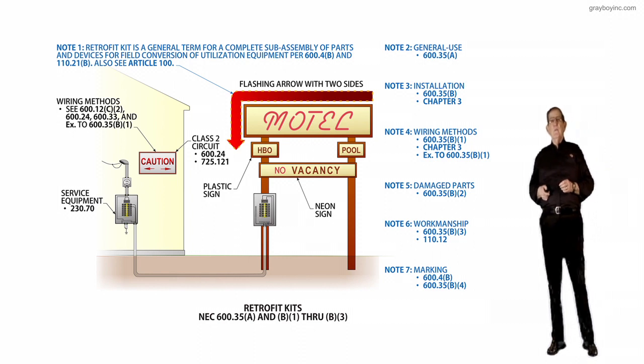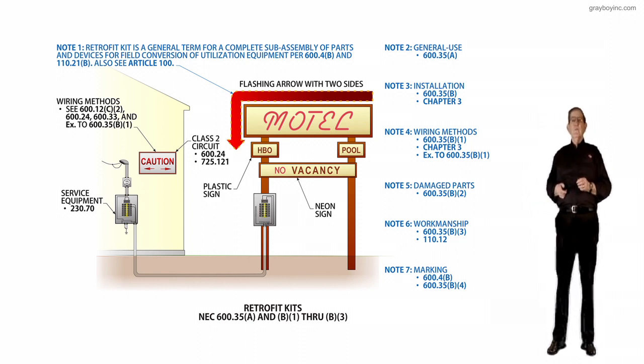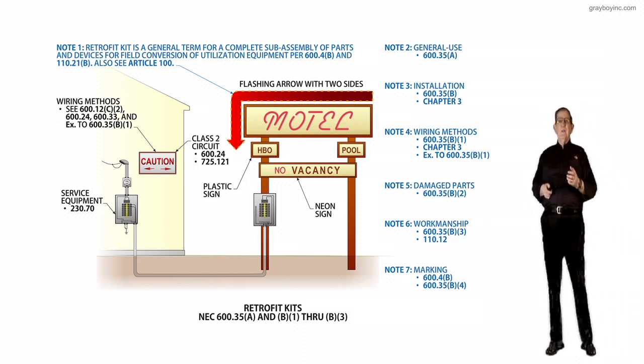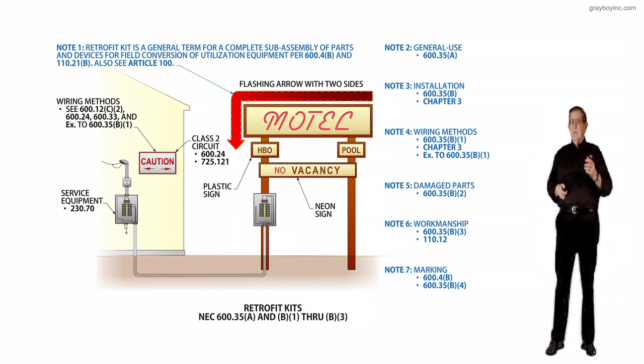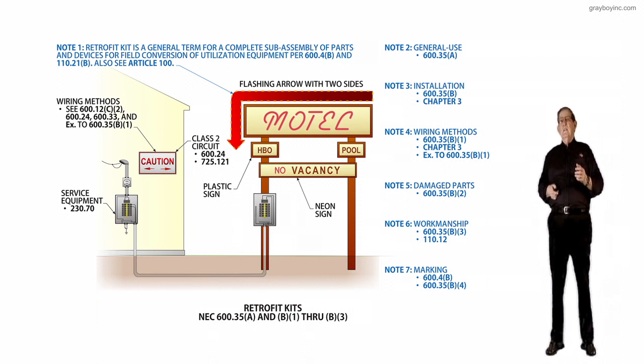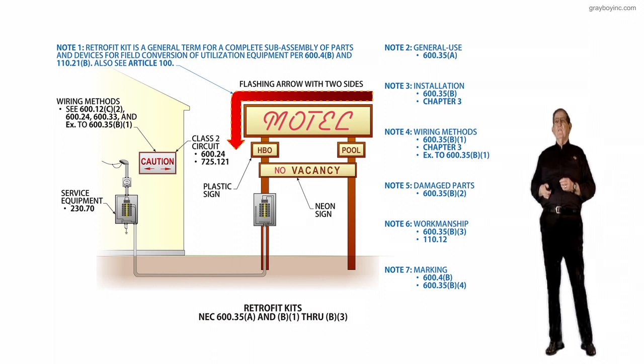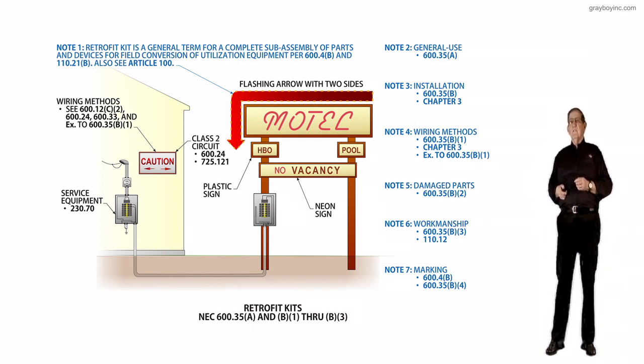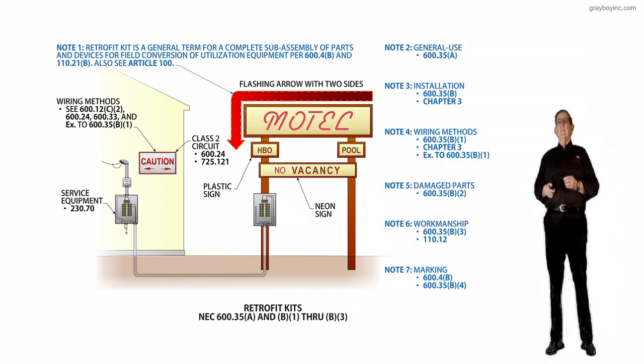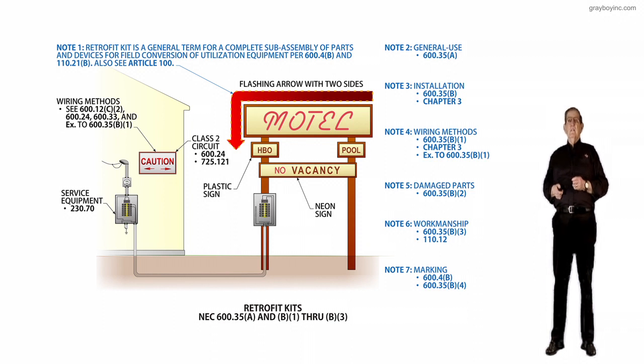Be sure you review those two before you start locating and dealing with the disconnect and some of the rules that you could use in providing these disconnects. And notice here, you have a number of branch circuits feeding that sign. That is a very active sign. It's sending a message, no vacancy.